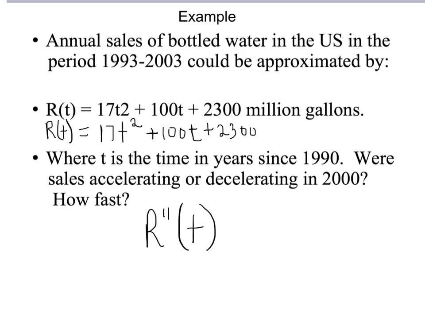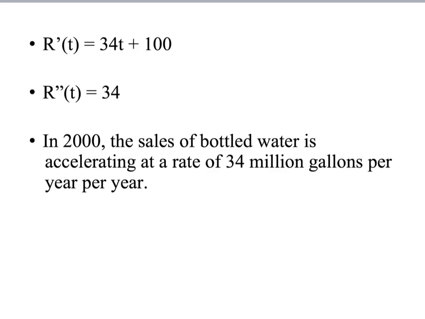Okay, so hopefully you have had the time to find the first derivative and the second derivative, and you can look at the first derivative here and understand that with our first derivative, that's basically going to be our original instantaneous rate of change, and we've got a function 34t plus 100.